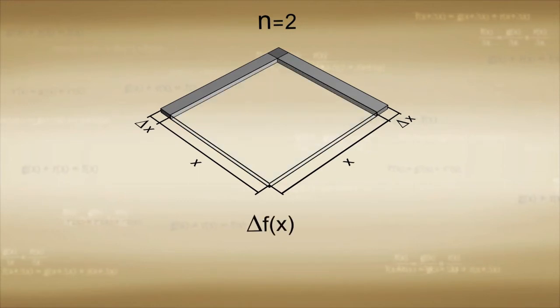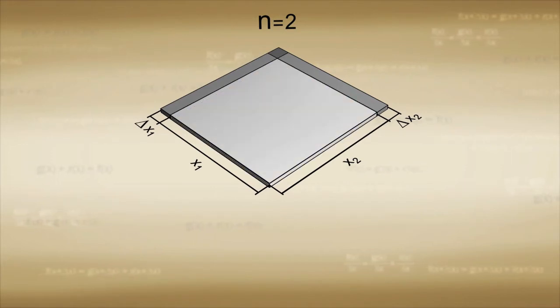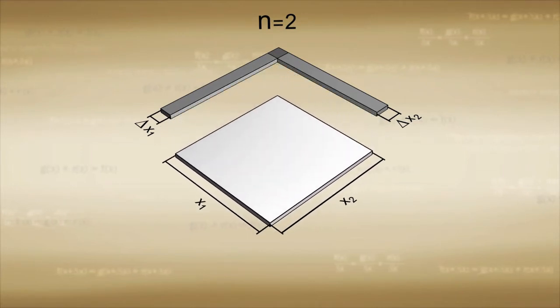The x and delta x, which belong to side 1, will be written like this: x1 and delta x1, while the side 2 components will be written like this: x2 and delta x2. If we take a look at the combination x1 and x2, it is immediately recognized that this isn't a part of delta f of x, since this piece is the actual f of x itself.